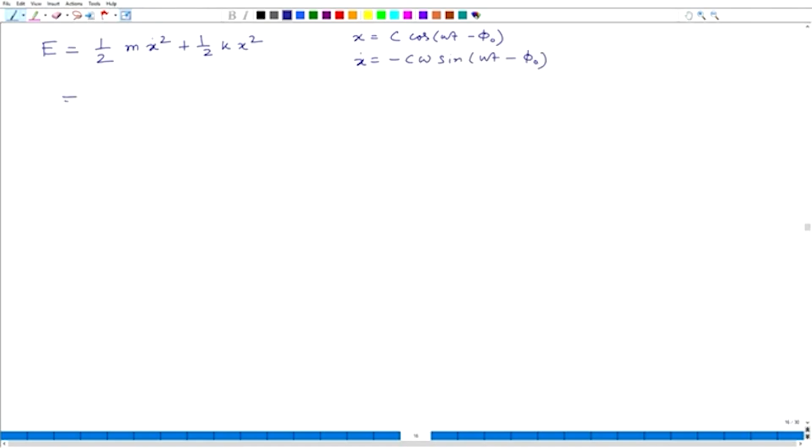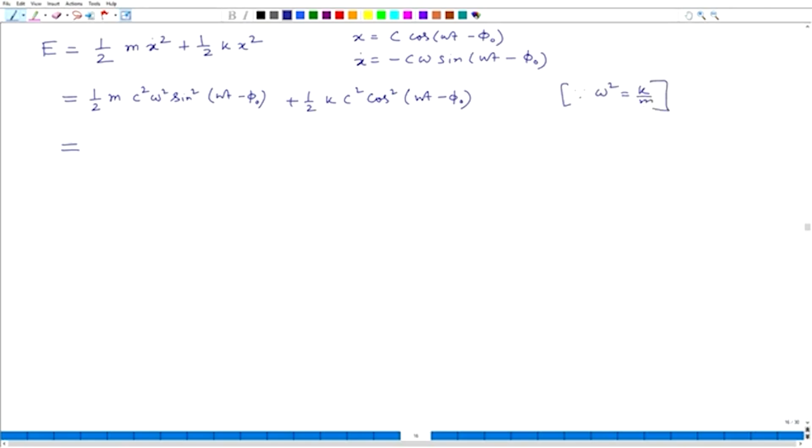I just take the square of those things and I will have half m c square omega square sin square omega t minus phi 0 plus half k c square cos square omega t minus phi 0. Now, I can say that omega square is equal to k by m.